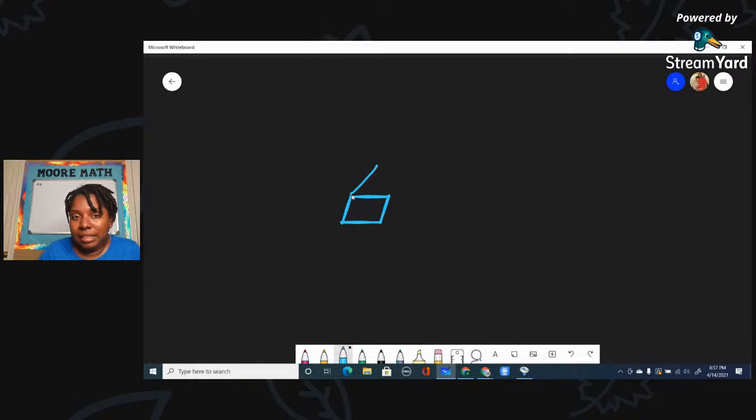I'm going to try to draw this correctly. Does that look like a pyramid? No, that looks like a prism. Let me try that again.